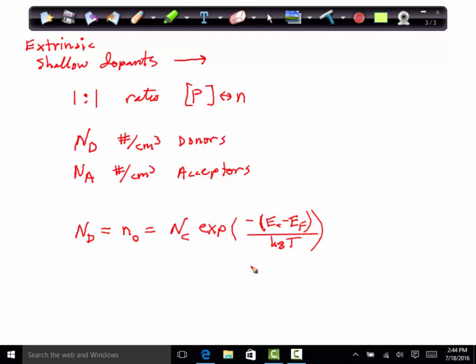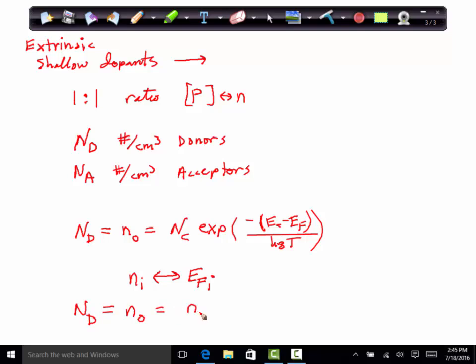Now, an interesting thing we can do also is transform the equation a little bit. So if we use the relationships, the expressions that we derived for Ni, so Ni related to EFi, we can write this N naught, which is going to be equal to Nd, in a slightly different form.